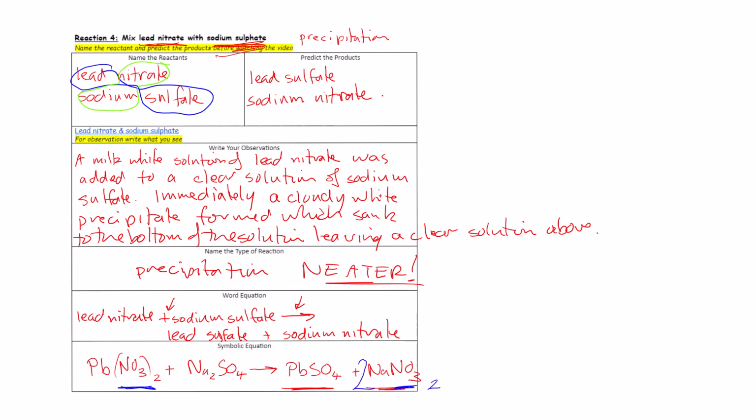We can't put it down here, because that would mean 1 sodium to 2 nitrates, which is a mistake. So the nitrates are balanced. We've got 2 sodiums on each side. We've got 1 sulfate in the products and 1 in the reactants, and 1 lead on each side. So there is our balanced symbol equation.